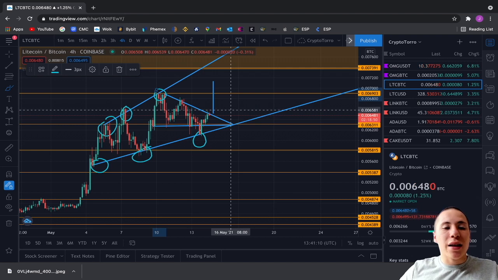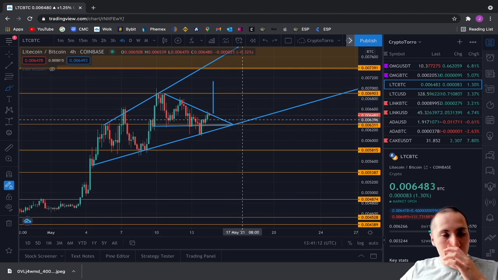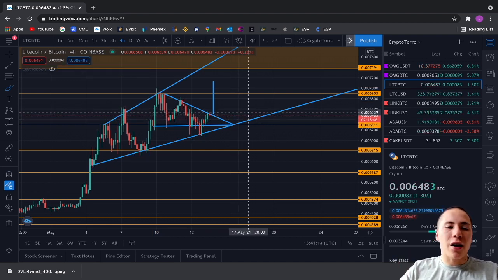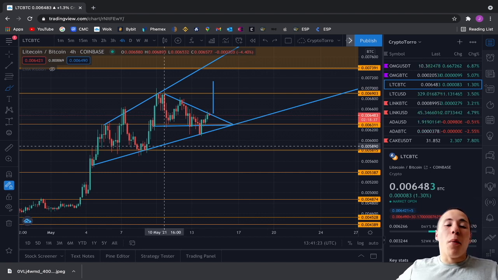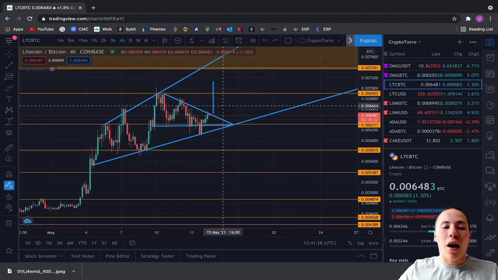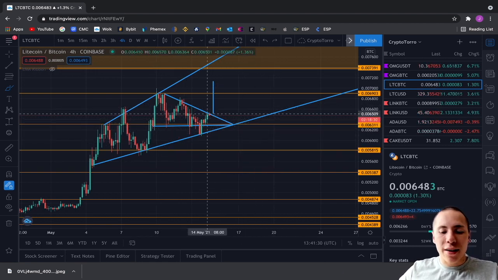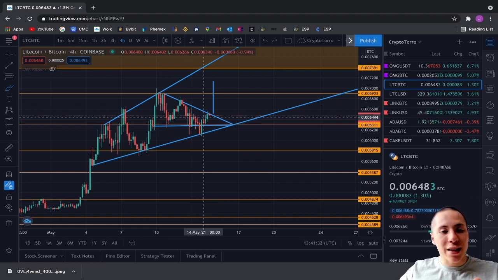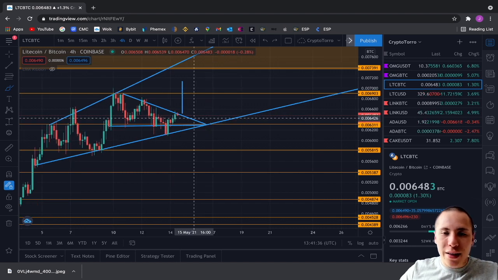And yes, this is very important because the more touch points there are on a specific pattern, the more significant this pattern will be, and the more probable it will be that Litecoin will find support once again on this trend line.